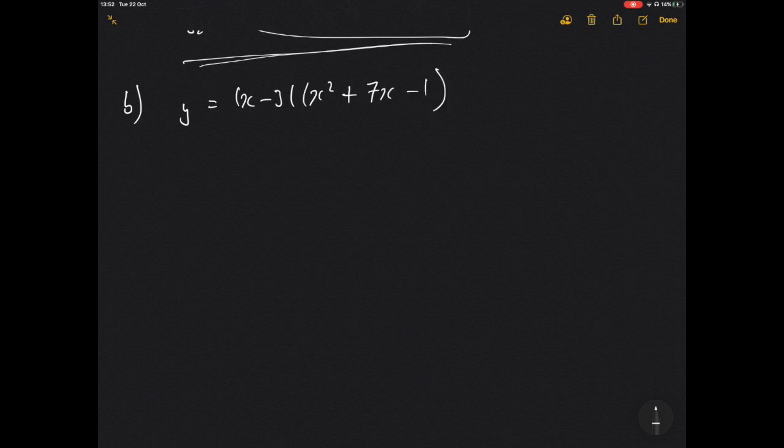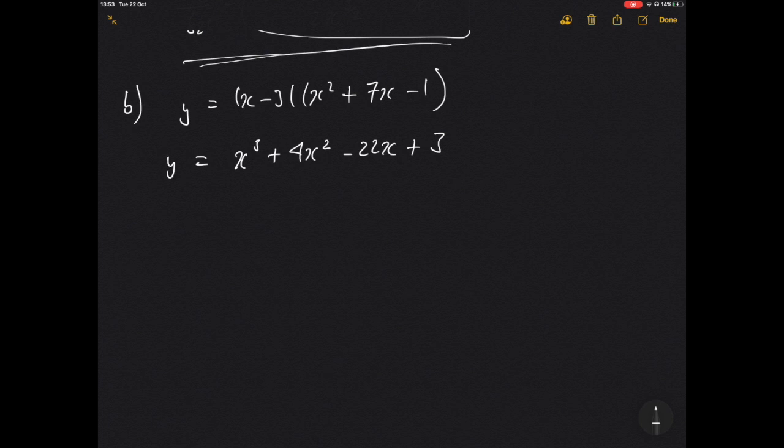So what we need to do is multiply all this out. We'd have an x cubed term, we'd have 7x squared, we'd have minus 1, then we have a minus 3, 3x squared plus 7, so it's 21 minus 3 plus 3. If we tidy that all up, we'd get something like x cubed plus 4x squared minus 22x plus 3.